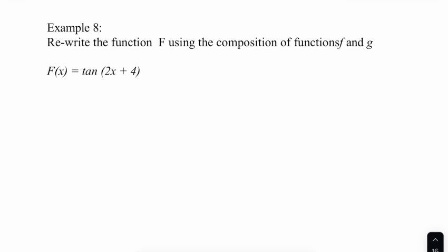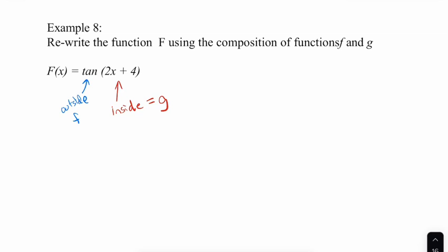So if this is our inside function, that's the one we're going to make g. Whatever is stuck inside is going to be g. Whatever is stuck on the outside is going to be little f.